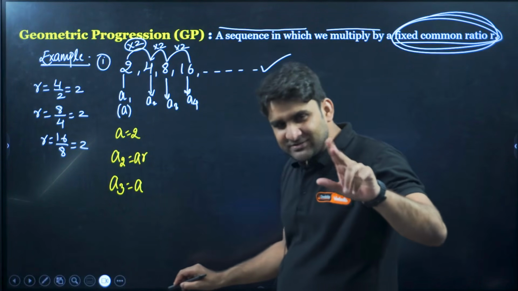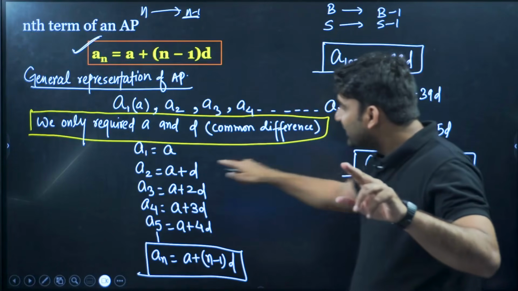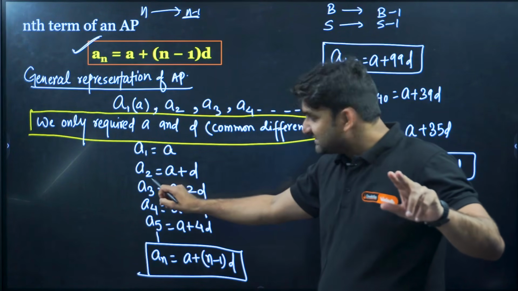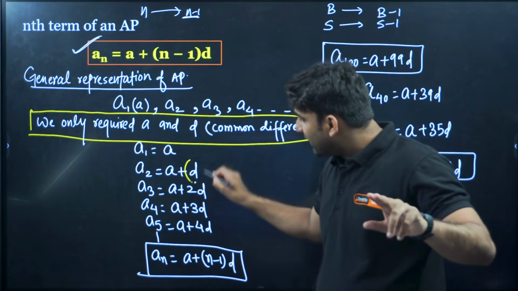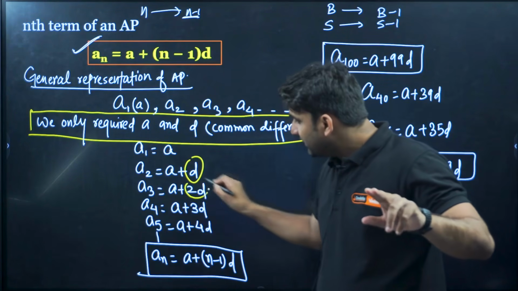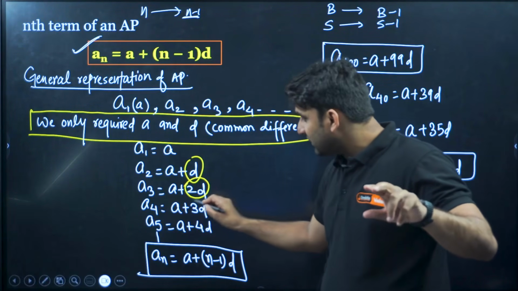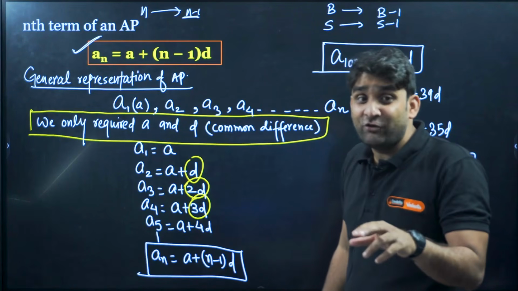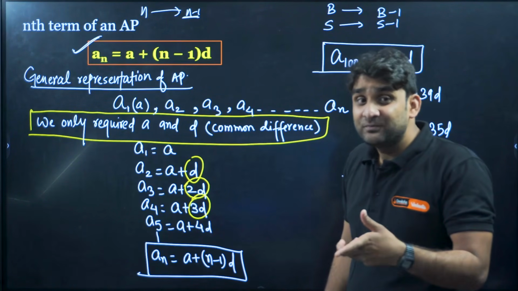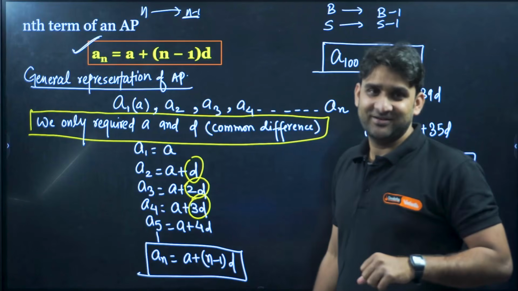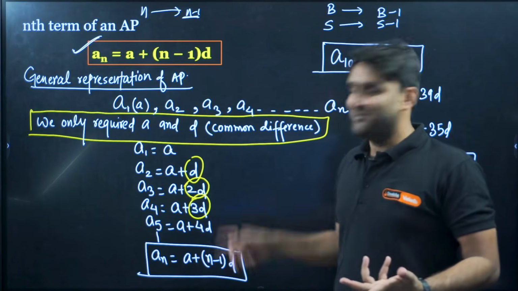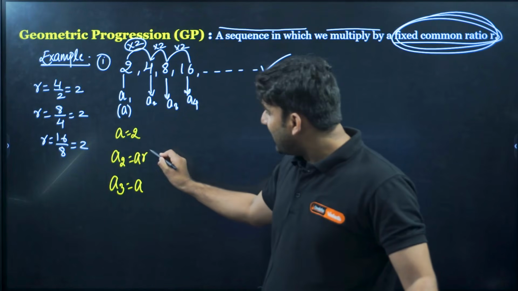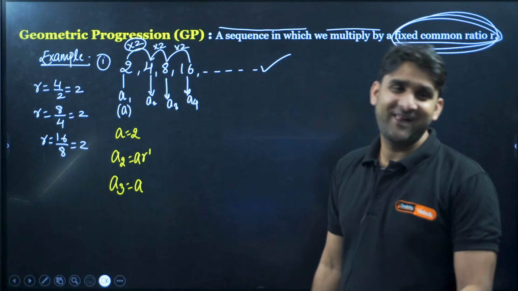Champion, please focus. What is the difference? Here in AP, if this is the second term, D is 1. If this is the third term, D is 2. If this is the fourth term, D is 3. So in GP, in place of D, who is there? R is there. But the pattern will be the same. If this is the second term, we take R to the power 1.